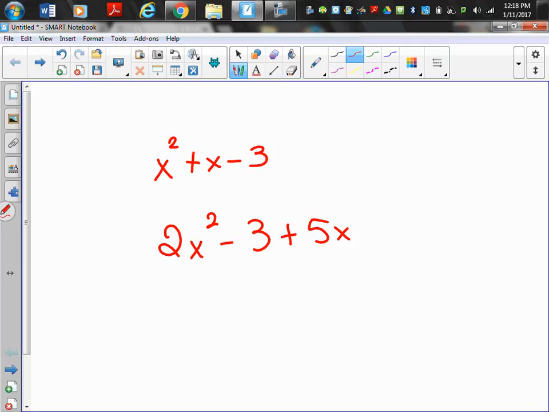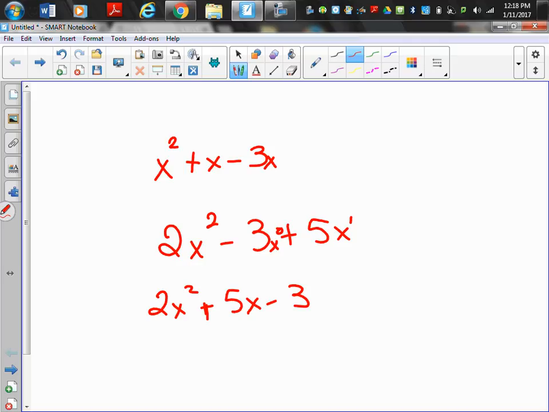It has to come in order. This is x to the 1, and this is x to the 0. So they have to be in order. So it has to be 2x squared plus 5x minus 3. You have to put them in order for them to be in standard form.